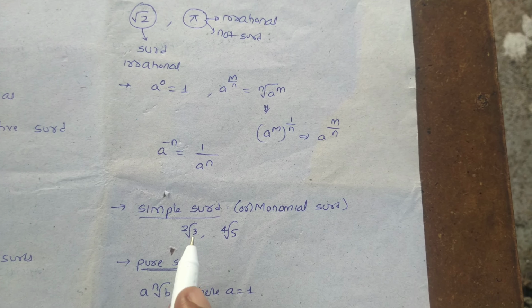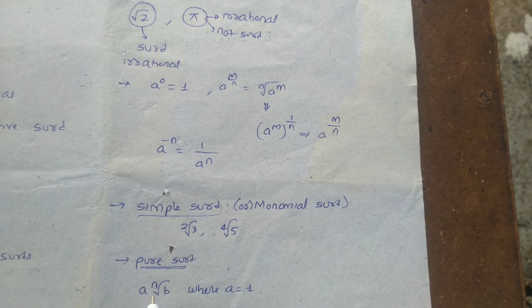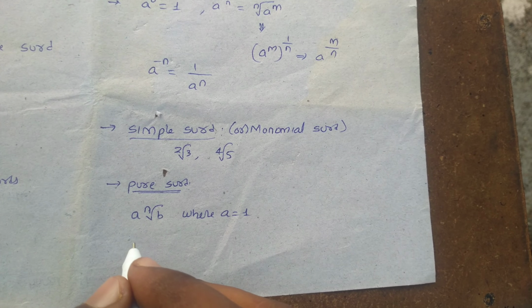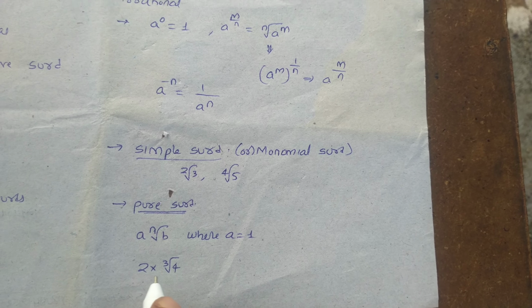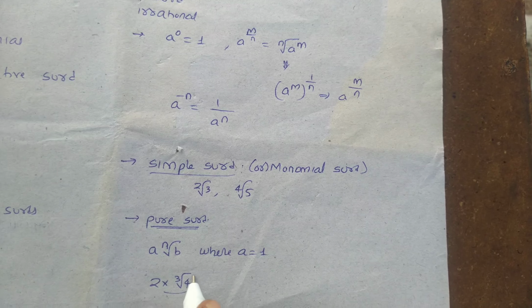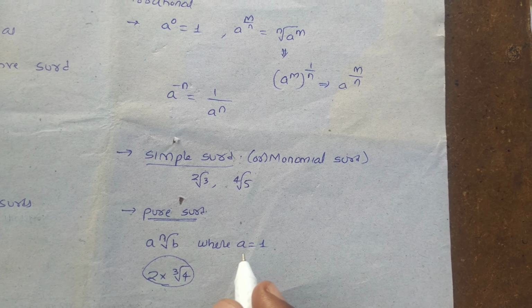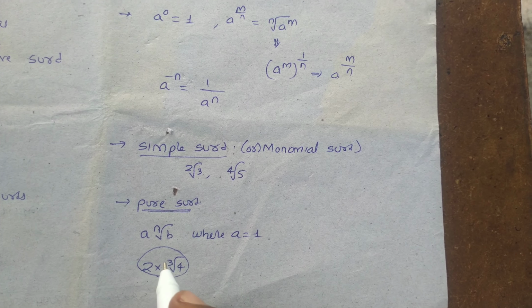All these are pure surds only: root 3, 4th root 5. If you put anything before, suppose you take 2 into 5th root 4, then it is not a pure surd, because the a value here is 2. Are you able to understand? The a value always should be equal to 1, then only it is a pure surd. Otherwise it is not a pure surd.